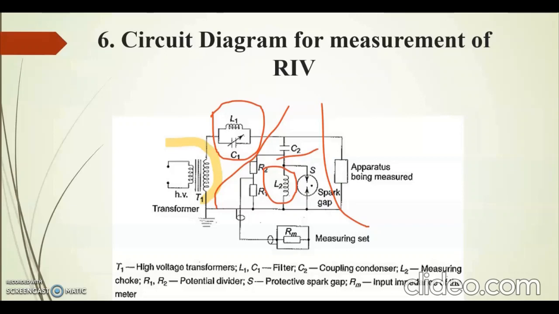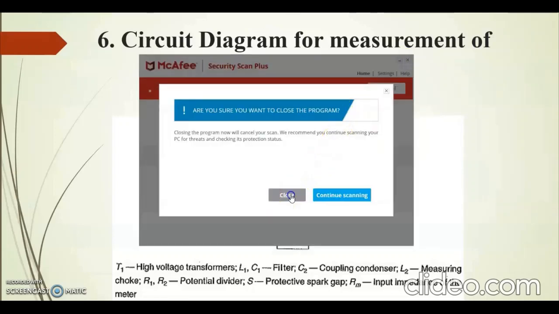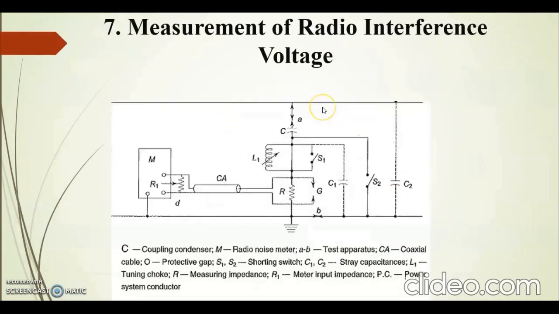Now coming to the next circuit which can be used for measurement of radio interference voltage. So this is one of the next circuits which can be used for measurement of radio interference voltage.